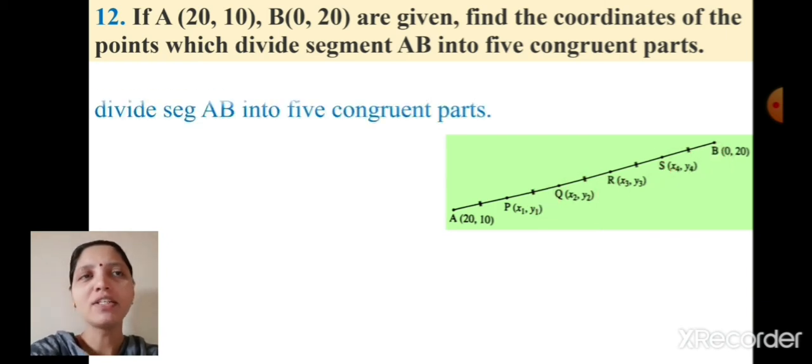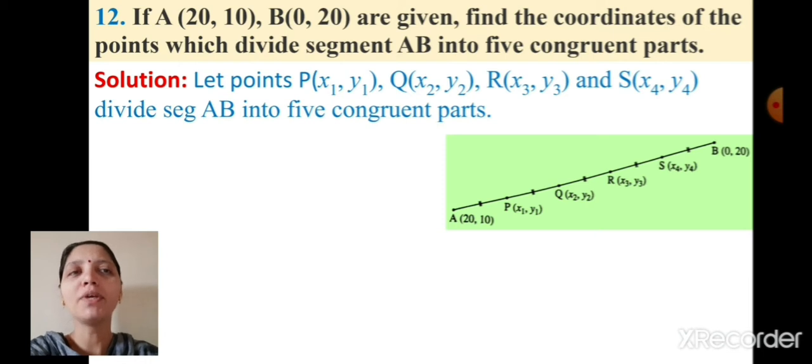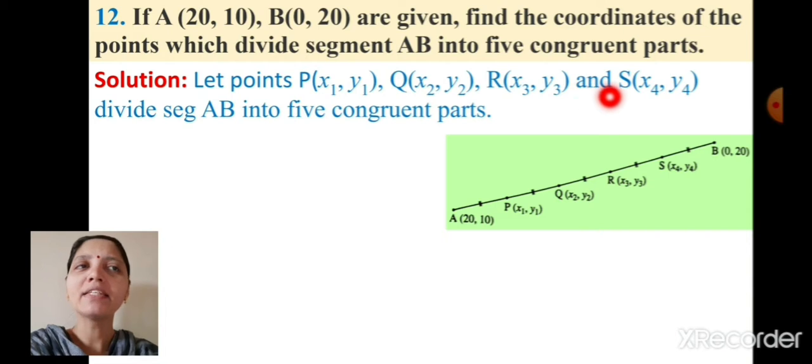Okay, so let's write down. Let point P have coordinates (x1, y1), Q have coordinates (x2, y2), R have coordinates (x3, y3) and S have coordinates (x4, y4). They divide segment AB into 5 congruent parts.